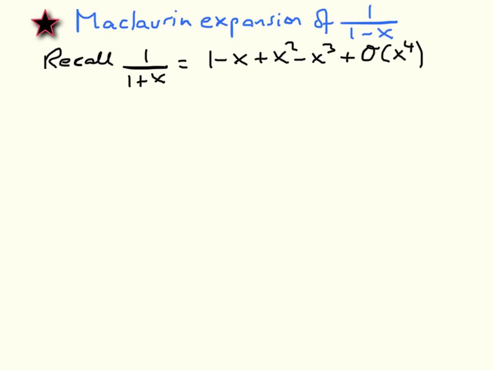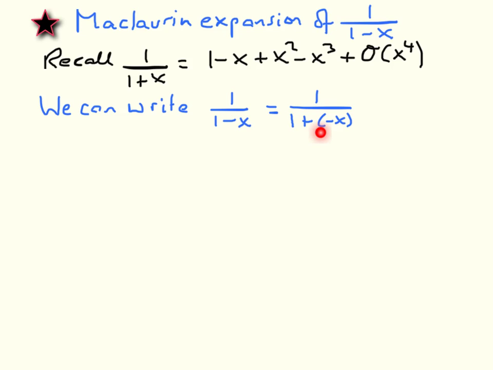In the previous question, we calculated the Maclaurin expansion of 1 over 1 plus x, and the second question asks us to write down the Maclaurin expansion of 1 over 1 minus x. To do that, we just realize that we can write 1 over 1 minus x as 1 over 1 plus minus x.